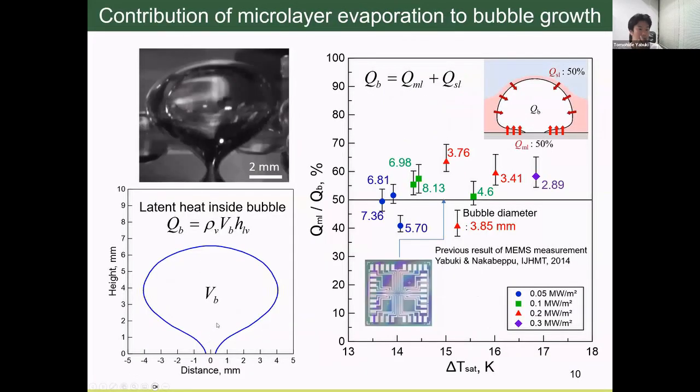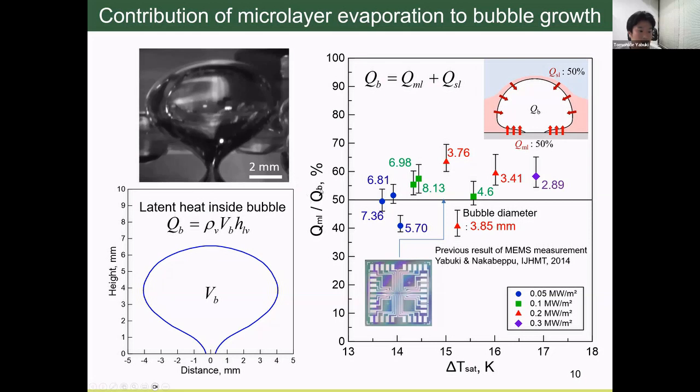First, I evaluated the contribution of microlayer evaporation to bubble growth. We calculated the latent heat inside the bubble at the bubble temperature by extracting the bubble volume from this image.